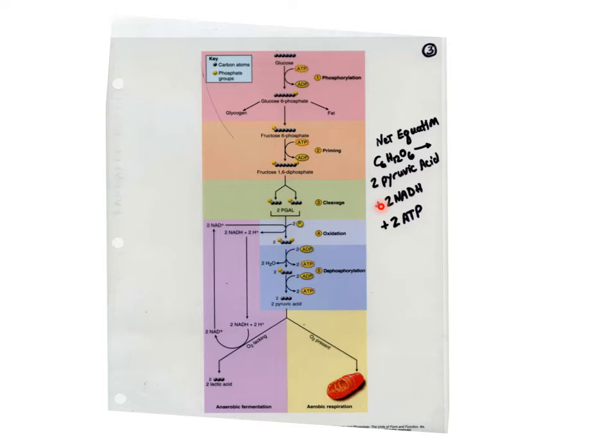Now, niacin is vitamin B3. So on the notes I have you, or on the review sheet, I have one line where I say, make sure you know the vitamins that go into the oxidation of glucose. And I'm going to show you where some of these vitamins are used. So vitamin B3, and a lot of these are B-complex. So you wonder what B-complex vitamins do?